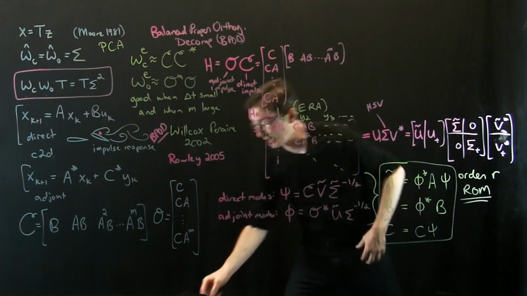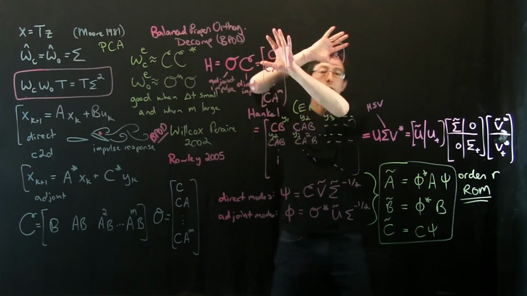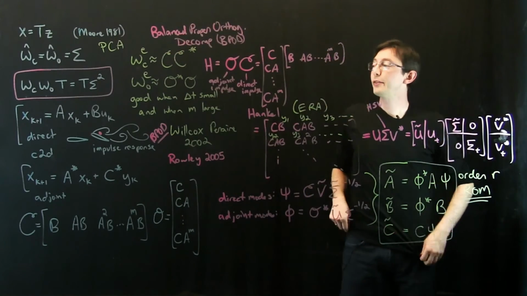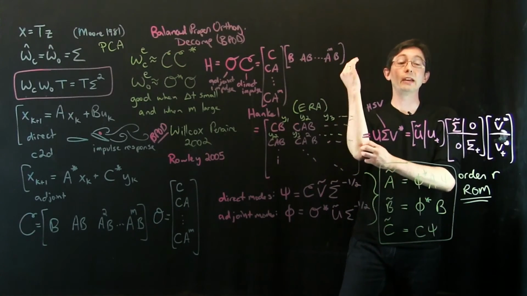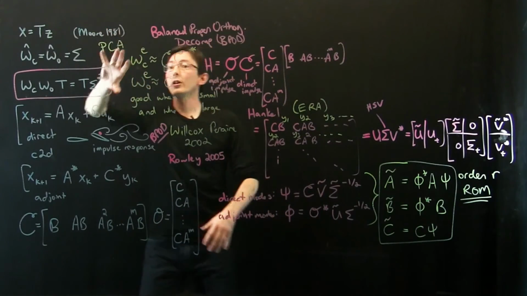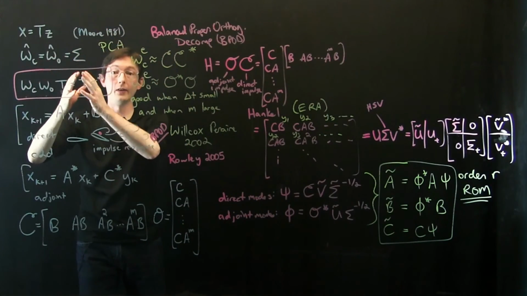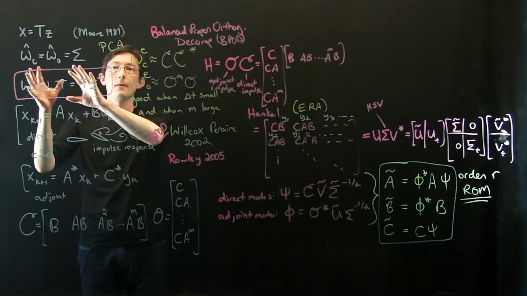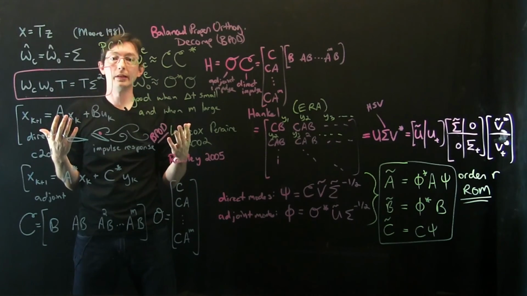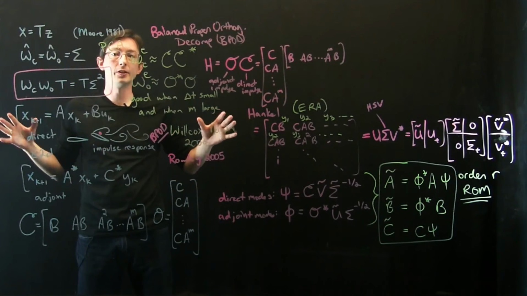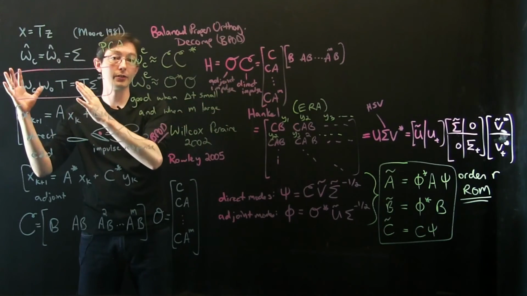Okay, so let's do a recap. This is really cool. So why did we go through all of this math? Although Moore had the right idea, before Moore, people didn't think of degrees of controllability and observability. There were rigid definitions of it is controllable or it is not controllable.